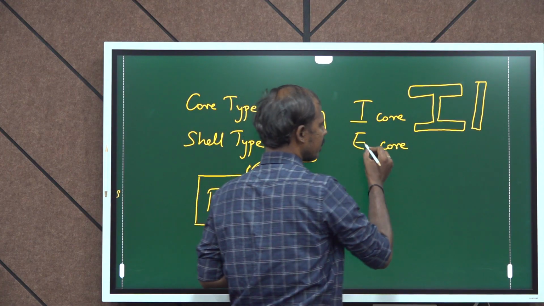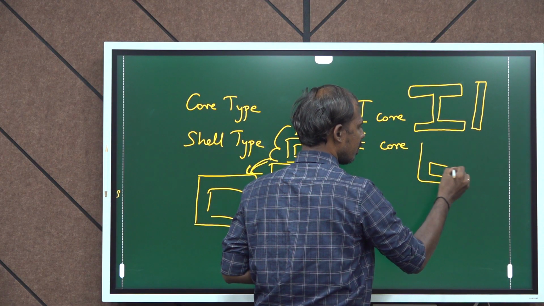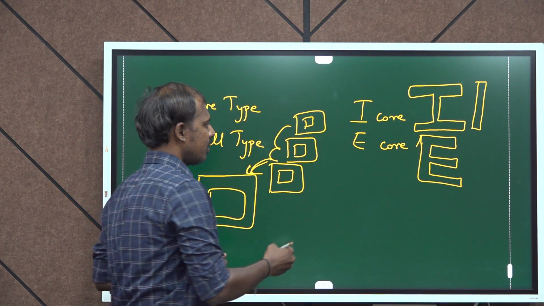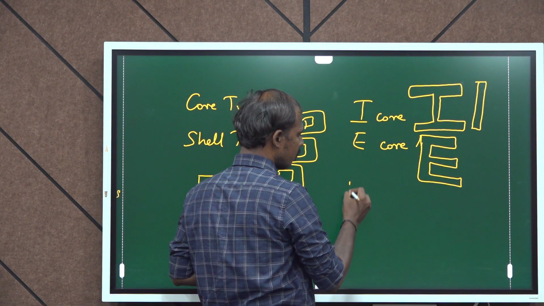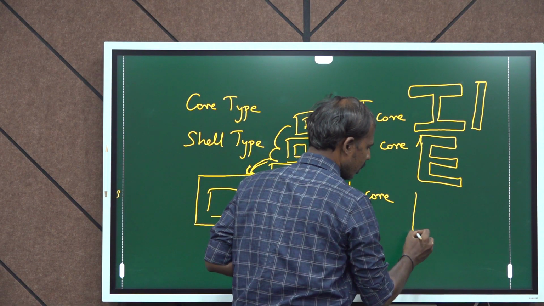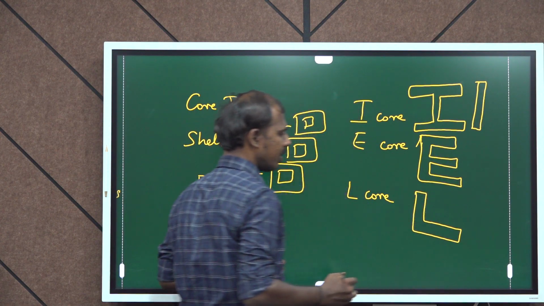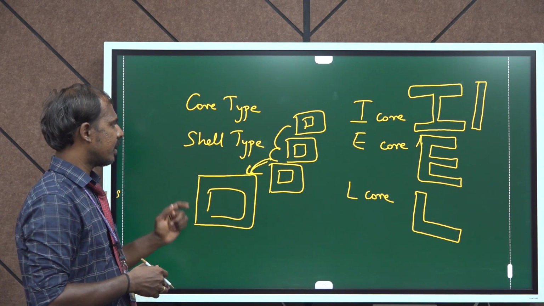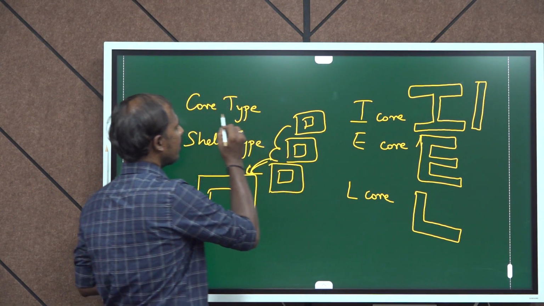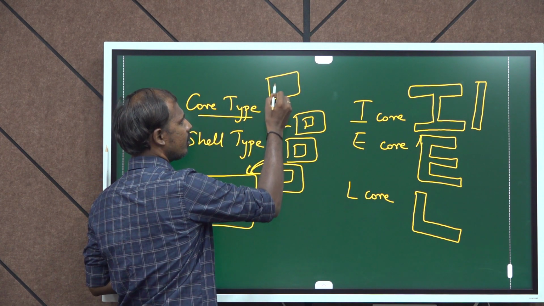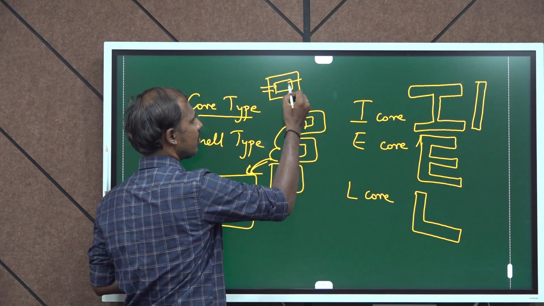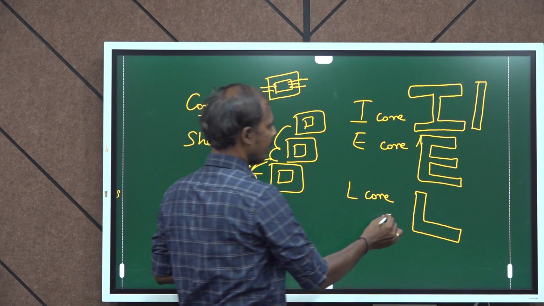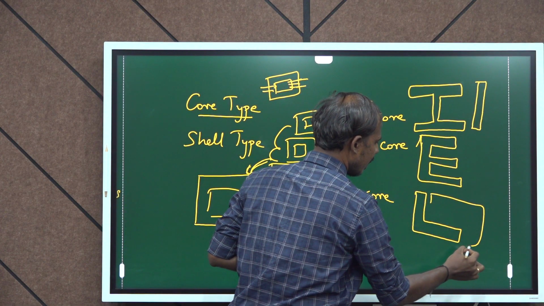Another is E core, where the core stamping is manufactured in the shape of E. There is also the L core, where stampings are manufactured in the form of L. Now I can utilize any of these core models and form transformer shapes. So core type is the common model that we use in all the circuits. It is square in shape. This is formed by L core. If you combine two L, you will get a core.